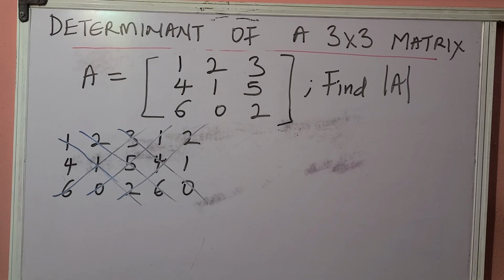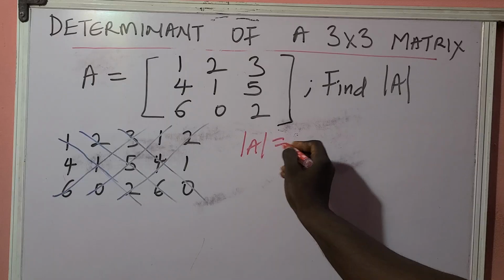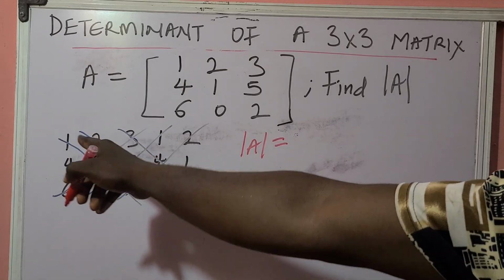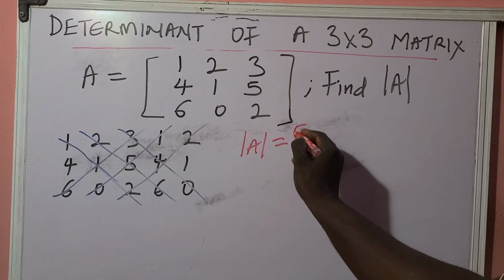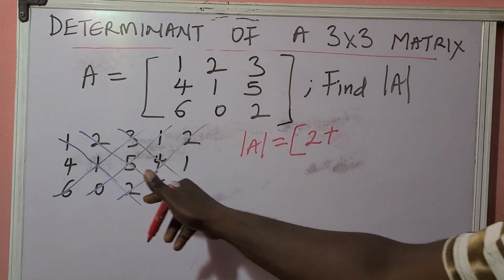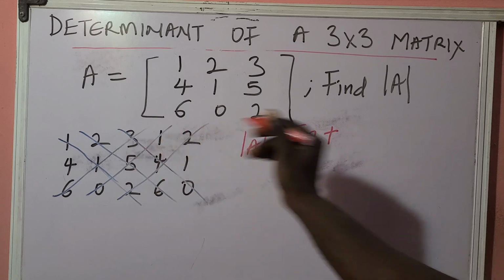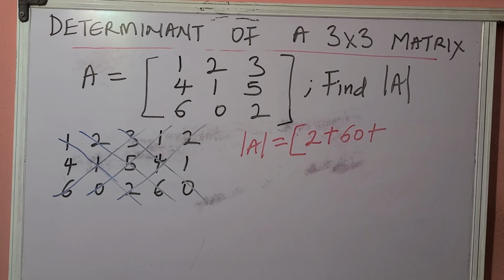The next thing to do is to multiply each value of the leading diagonal. That will be 1 times 1 times 2. That will be 2, plus 2 times 5 times 6. That will be 30 times 2. That will be 60, plus 0 times 3 times 4.